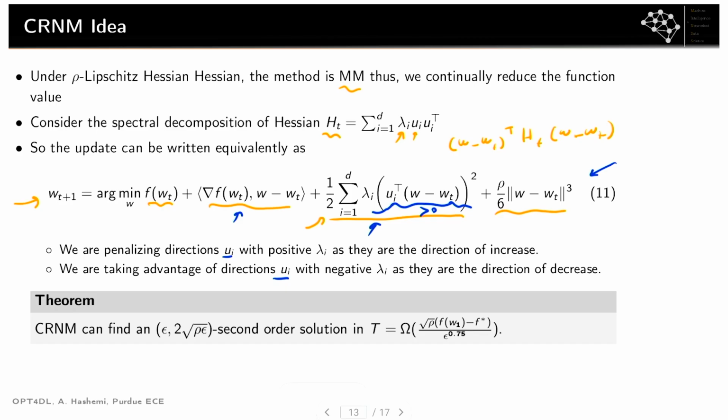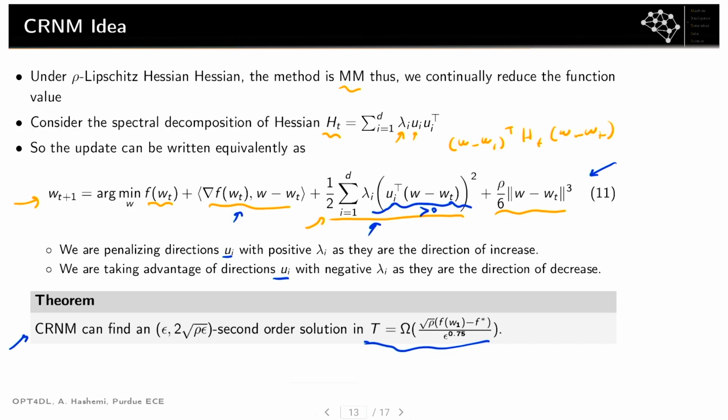Okay. So this is basically the main idea behind this algorithm. Look at the Hessian, penalize directions that increase the function value, take advantage of the directions that reduce the function value. Okay. And very crucially, we can actually show that this method can indeed find a second order solution with this many number of iterations.